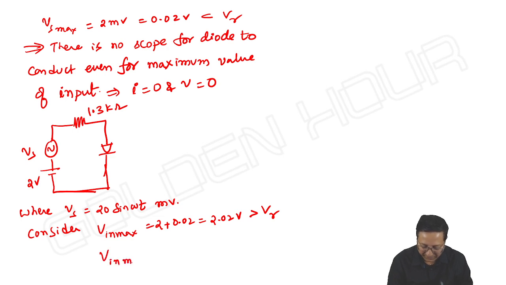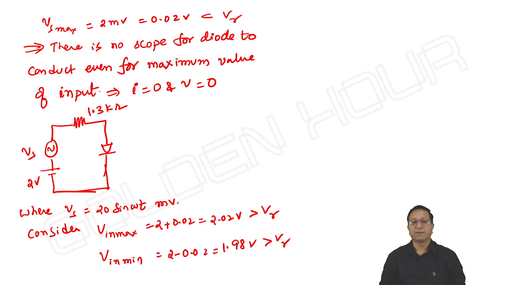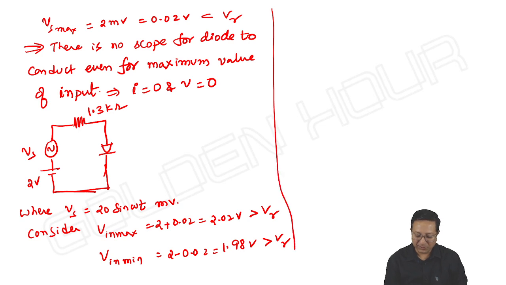And V input minimum is 2 minus 0.02 volts, which is 1.98 volts, also greater than V gamma. Means for the minimum and maximum values of input, the diode is in conduction.